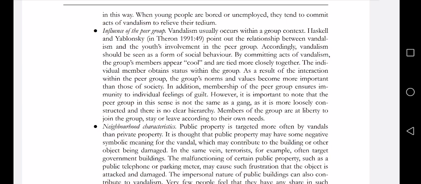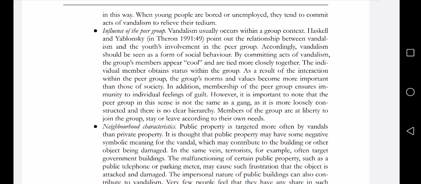Influence of the peer group. Vandalism usually occurs within a group context. Haskell and Jabolski in Theron 1991, page 49, point out the relationship between vandalism and the youth's involvement in the peer group.